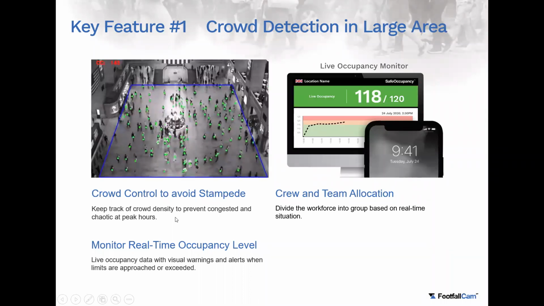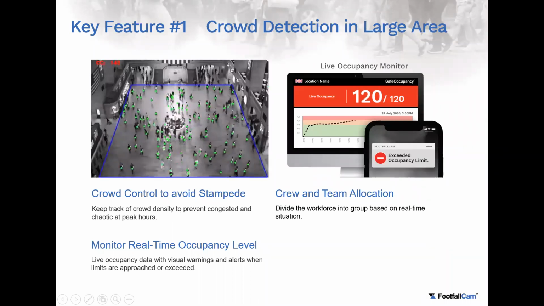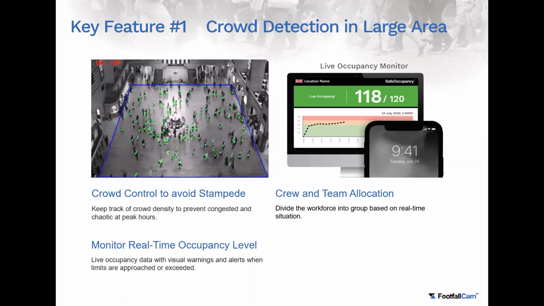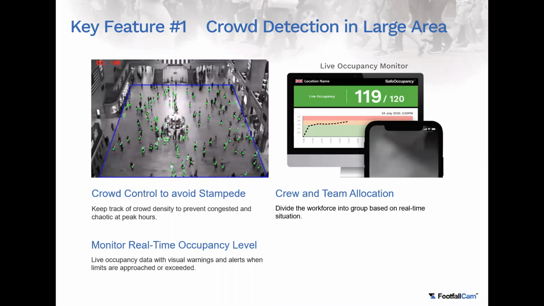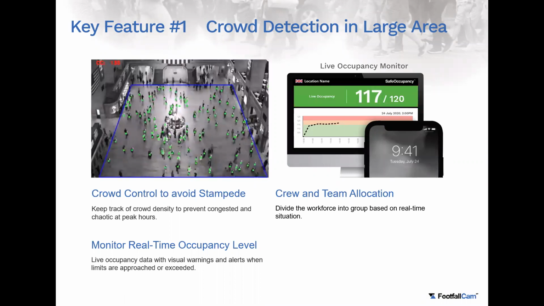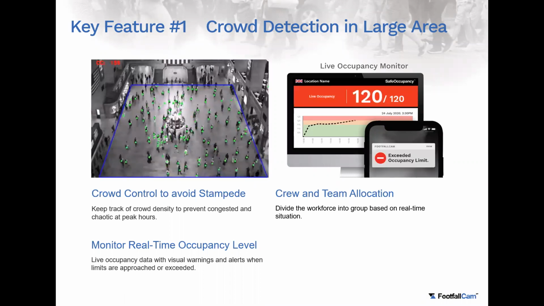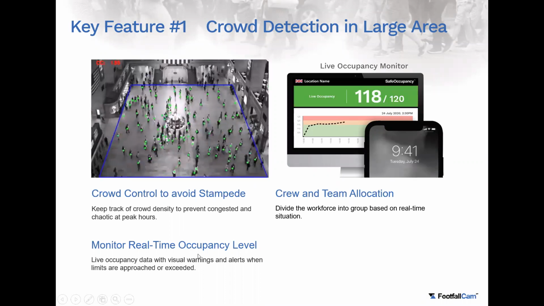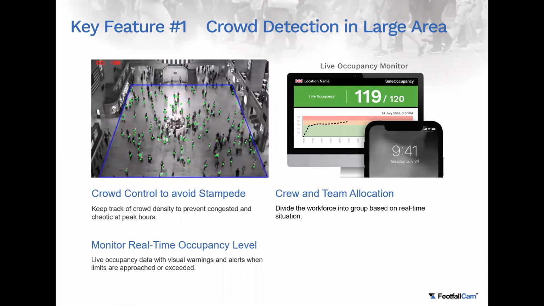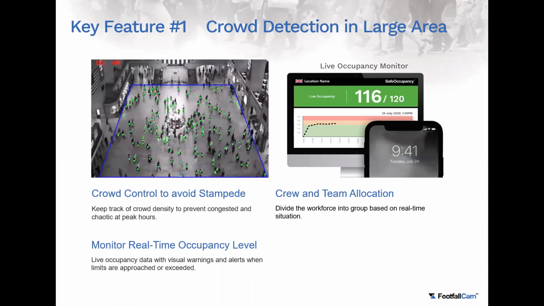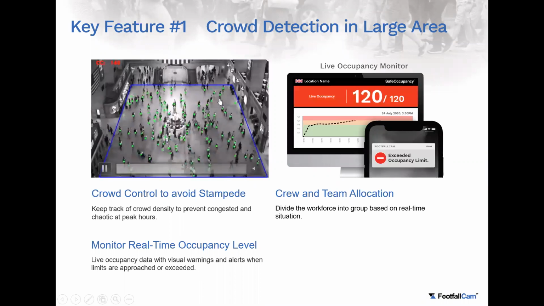You can analyze when your facility is the most crowded and when is the quietest time. You can do all those analytics that we have been doing with our footfall counting previously. We can also monitor the real-time occupancy level, even more so for the current pandemic, because you need to control numbers. So you know how many people are now here in the foyer.